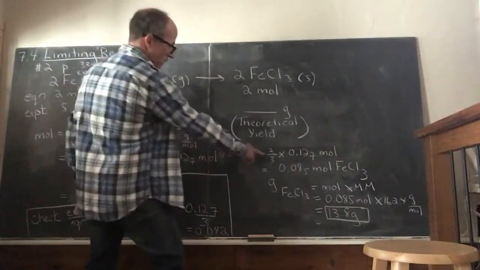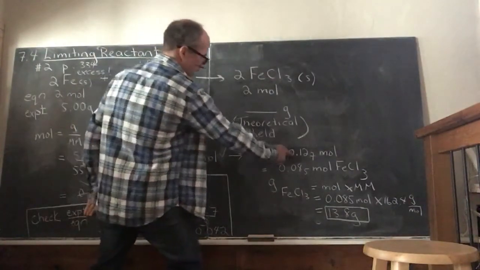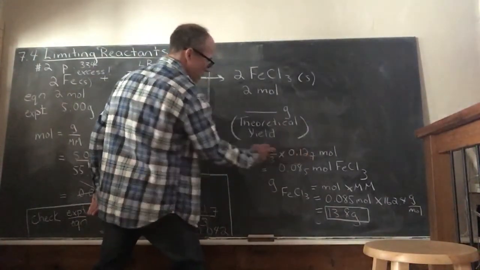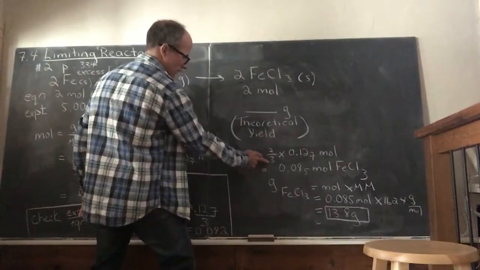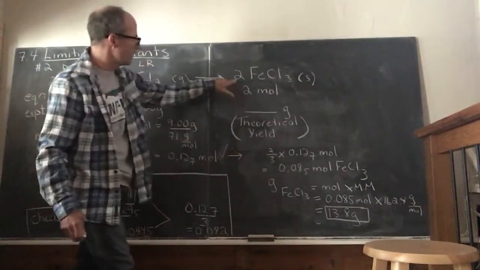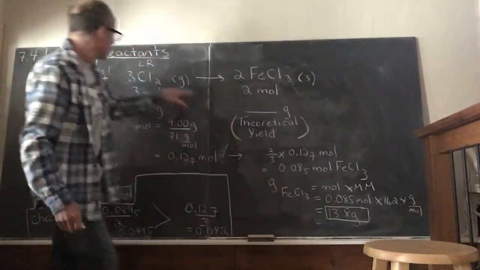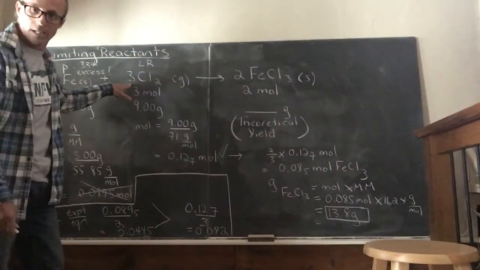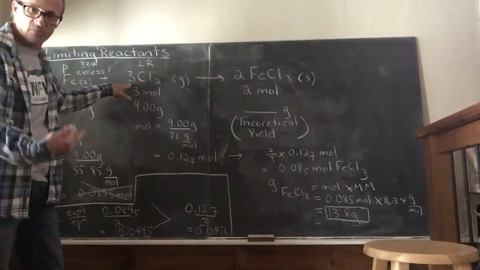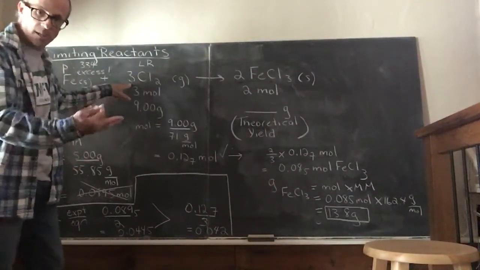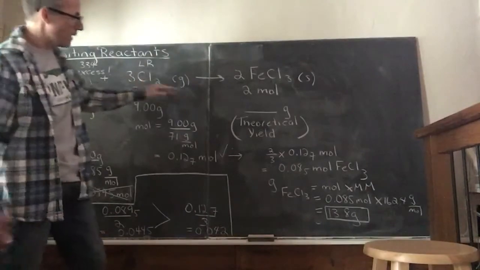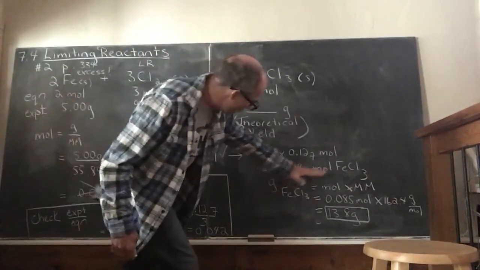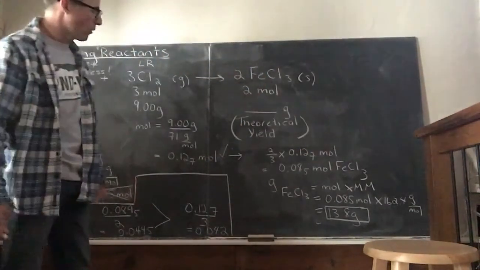That's why we're going to multiply that number of moles, 0.127, by 2 over 3. Because the 2 is what we need and the 3 is what we have. All this is a ratio, kind of like a fraction, that allows us to figure out the moles of the product that we should get back. And we'll get 0.085 moles of iron 3 chloride.